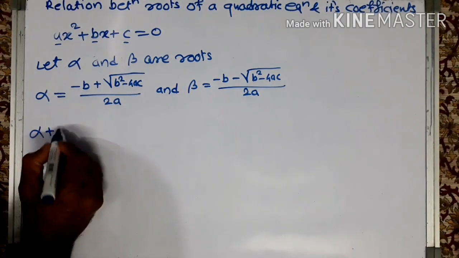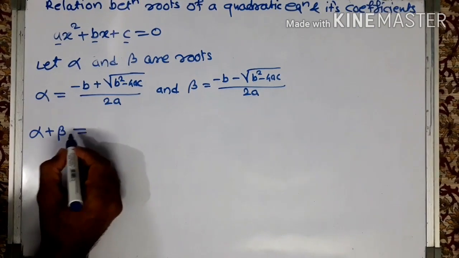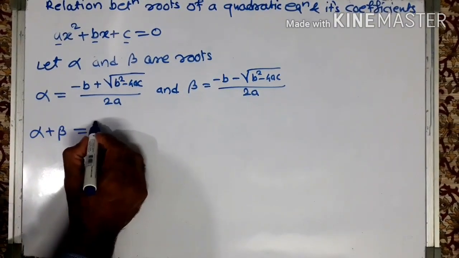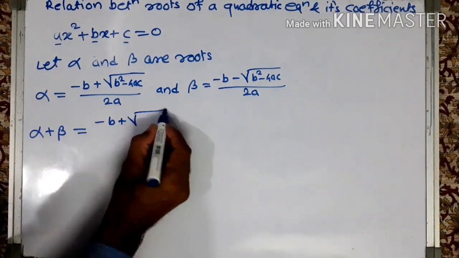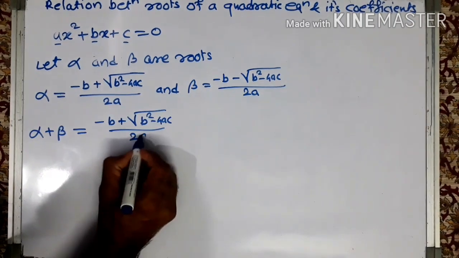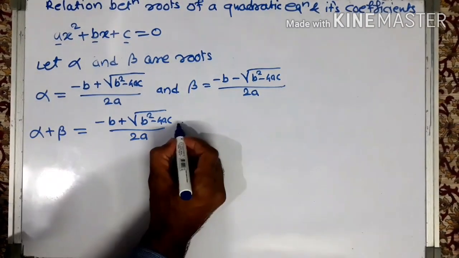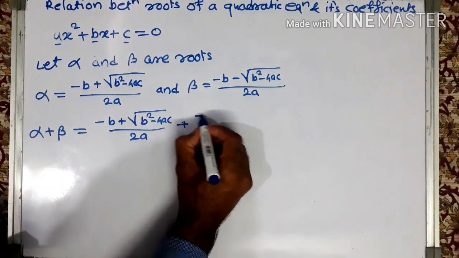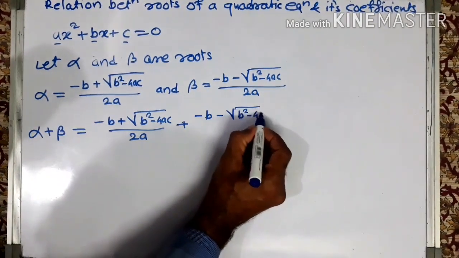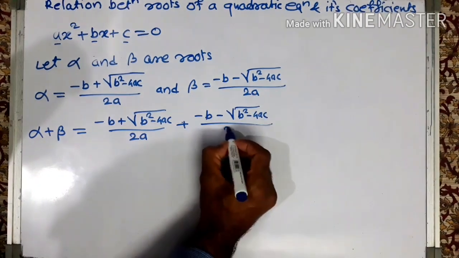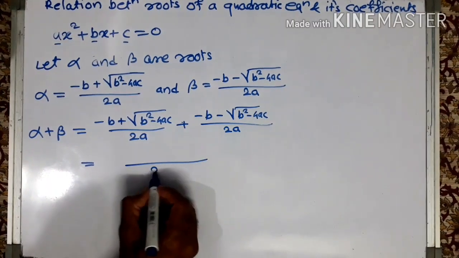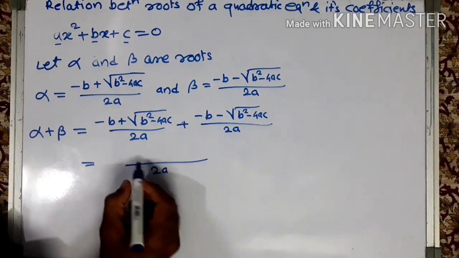Now we are going to add these roots. When we add these roots, the value of alpha plus the value of beta is minus b plus root b square minus 4ac upon 2a plus minus b minus root b square minus 4ac, whole divided by 2a.